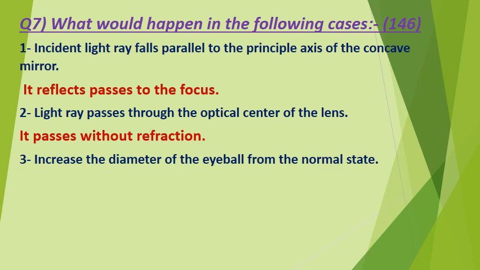Okay, number 3, increase the diameter of the eyeball from the normal state. Pay attention, increase. Excellent. When he tells you increasing the diameter, the answer will be the opposite, and this causes short-sightedness.